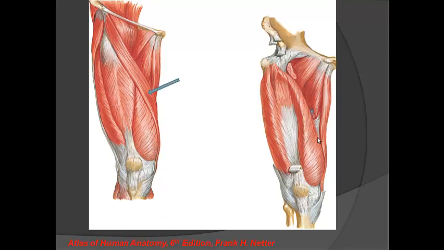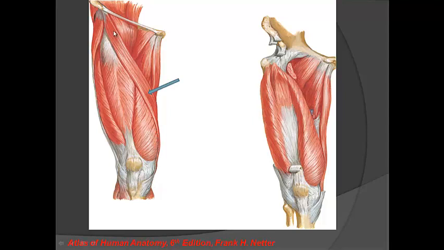So the first one I want to look at is this one here. You notice that it starts up here with the hip bone, specifically the anterior superior iliac spine, and then it passes down across the anterior compartment, and if we follow it all the way down, it attaches to a point down here in the tibia.